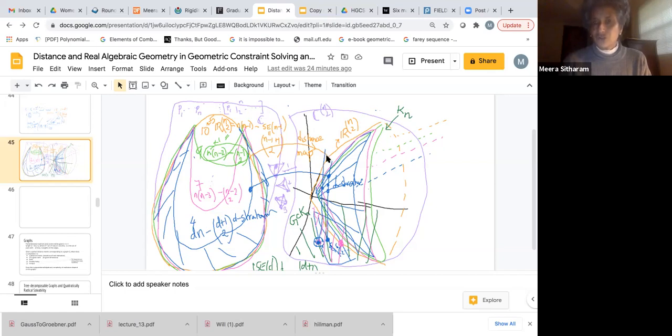It's forced to either drop rank or increase rank. In other words, one of the non-negative eigenvalues will become 0 before it becomes negative, or one of the 0 eigenvalues becomes negative.